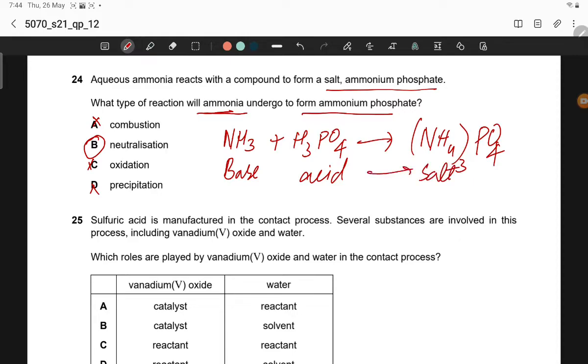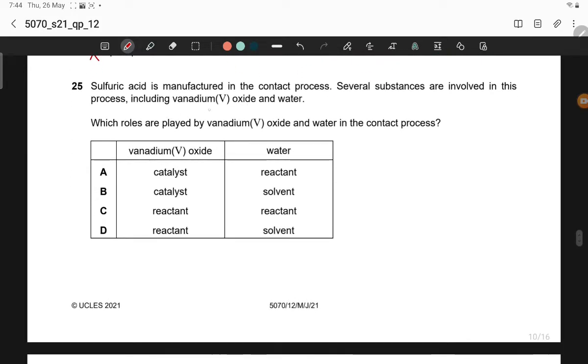Salt is formed. Sulfuric acid is manufactured in the contact process. Several substances are involved in this process, including vanadium(V) oxide and water. Which roles are played by vanadium(V) oxide and water in the contact process? Vanadium(V) oxide is used as a catalyst and water is used as a reactant, because this is sulfur plus oxygen to form sulfur dioxide.